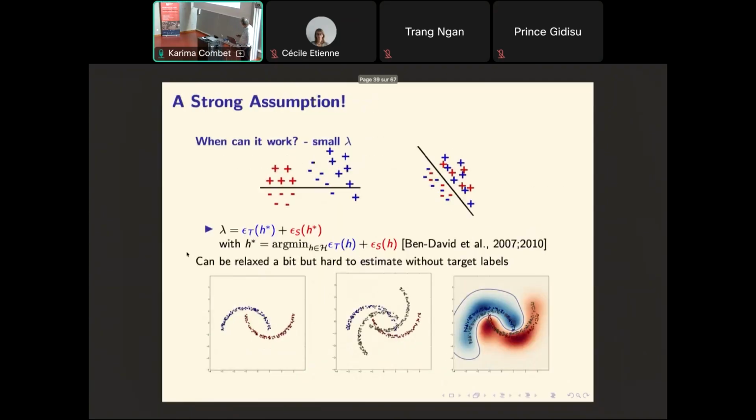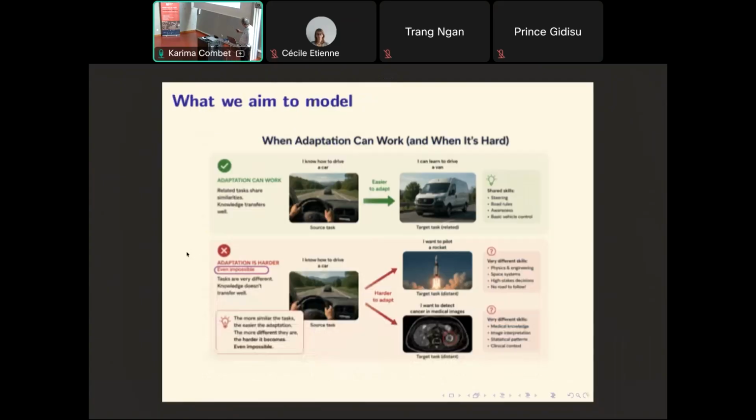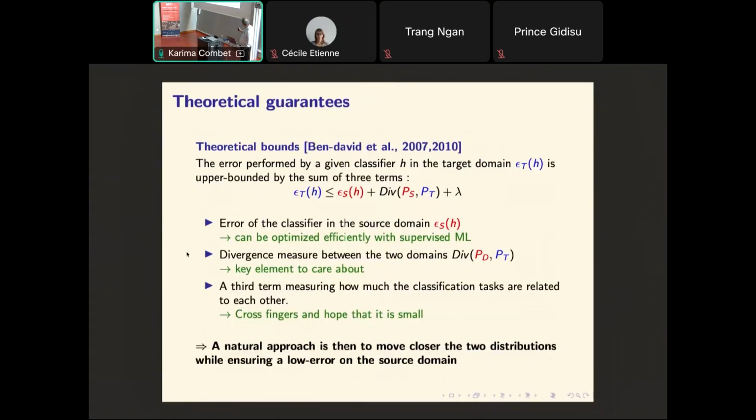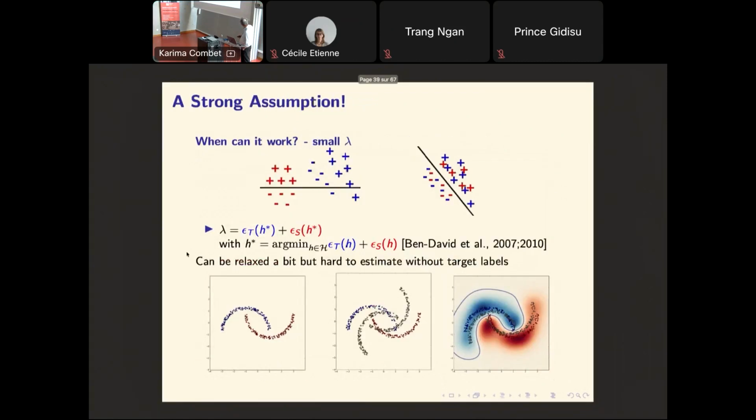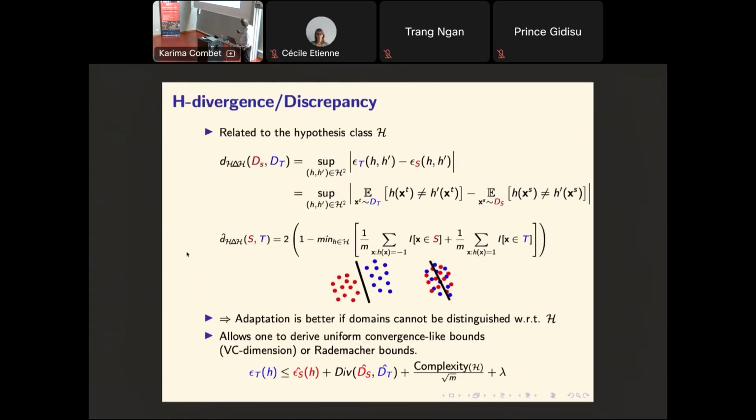And then the question is, okay, what do we do? We assume that this is small, and then what we try to do is to work on the two terms here. One point is, which divergence can we choose? There is one divergence called the H divergence, which in short tells you how close two domains are.